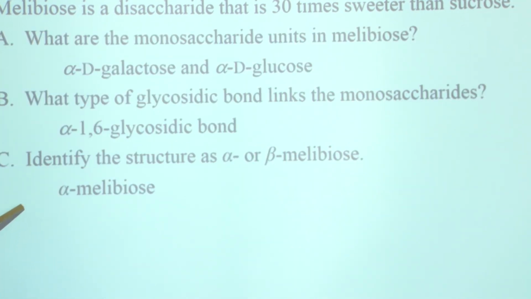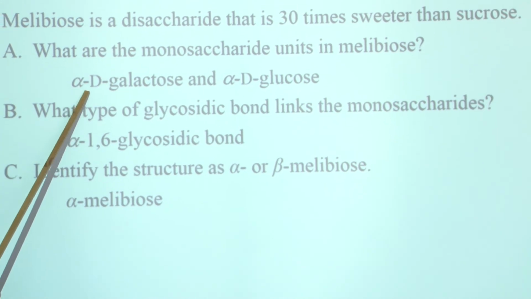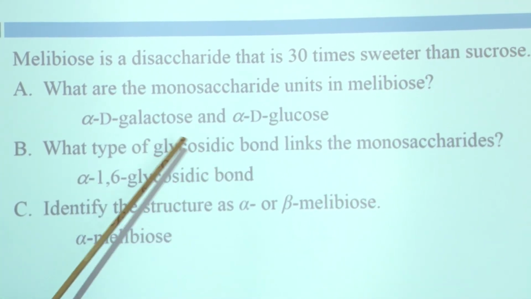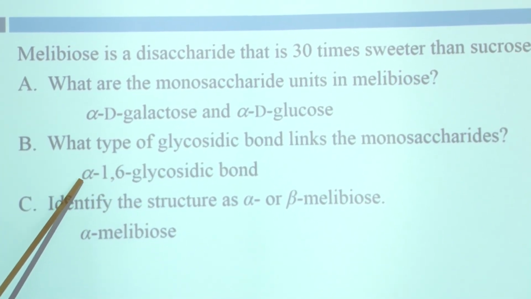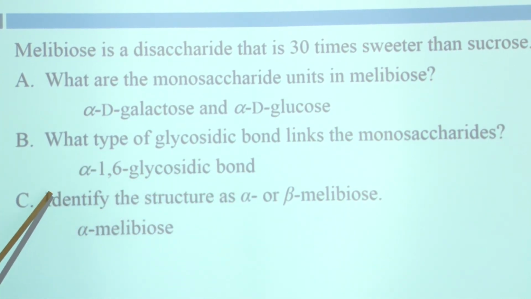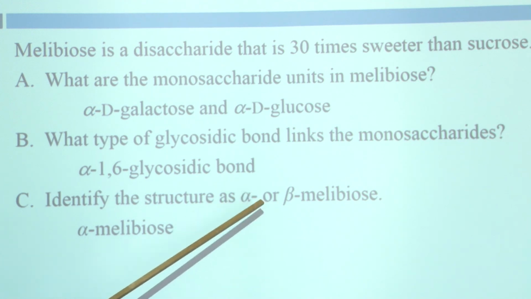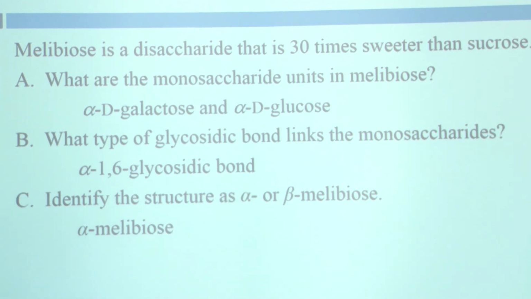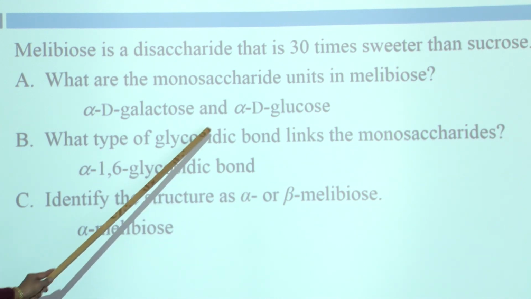So this is our solution that we came up with. The type of monosaccharides was alpha D-galactose, alpha D-glucose. The glycosidic bond is alpha 1,6. The structure is alpha because of the alpha hydroxyl in the glucose.